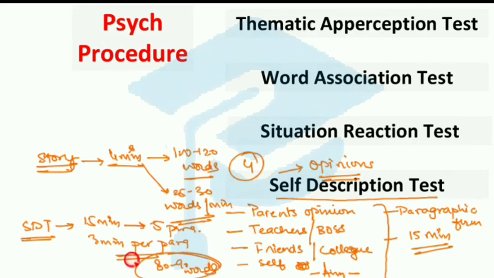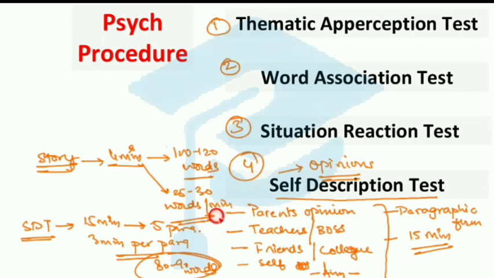So in an SD, anything around 80 to 90 words is acceptable. Any ordinary student can write this. If your speed is too fast, you can write much more. But this is something that an ordinary candidate can write.